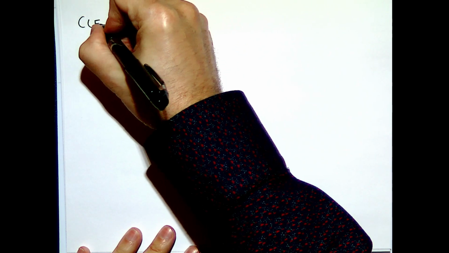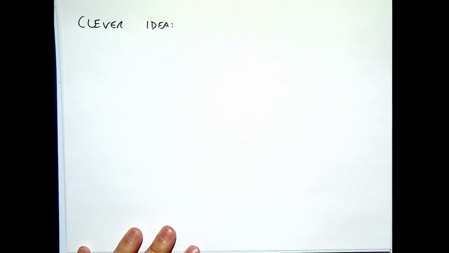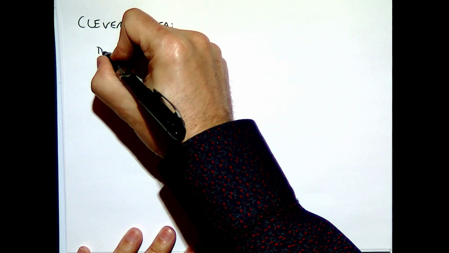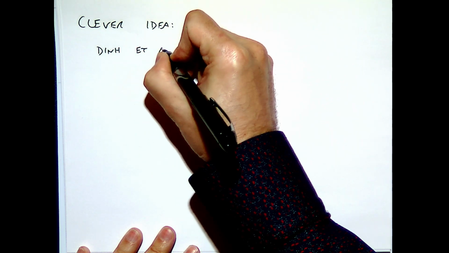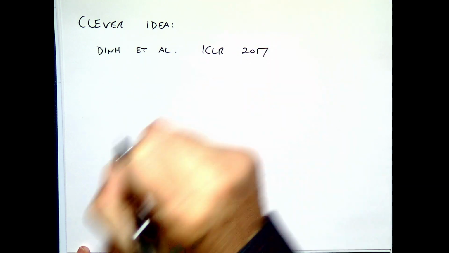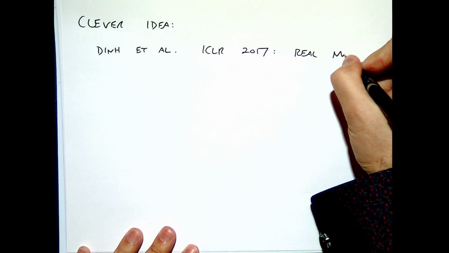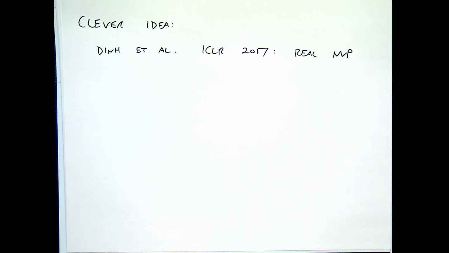The clever idea that started this whole area off was proposed by Dinh et al. in 2017. And the paper was called Real NVP, which stood for Real Valued Non-Volume Preserving Transformations.